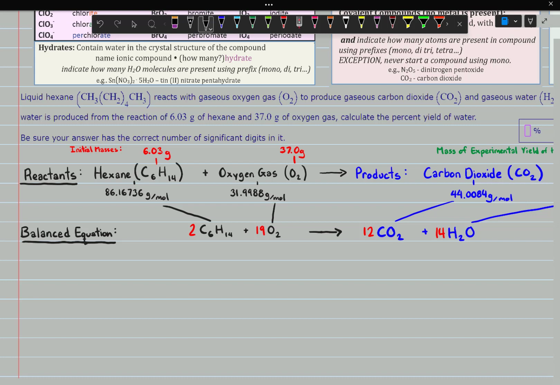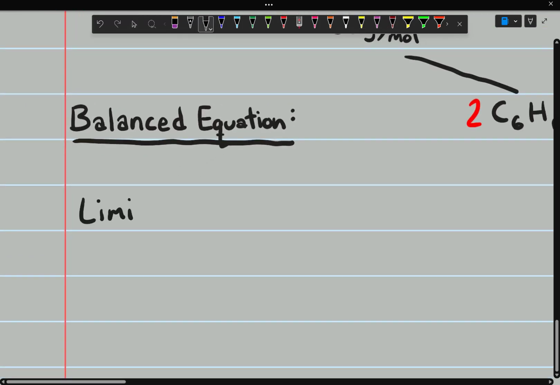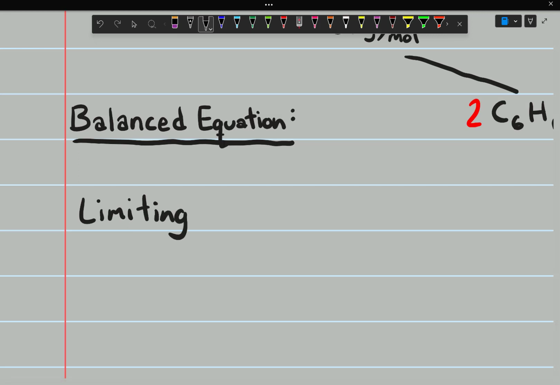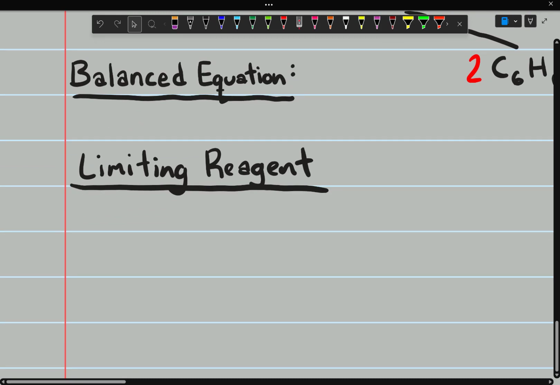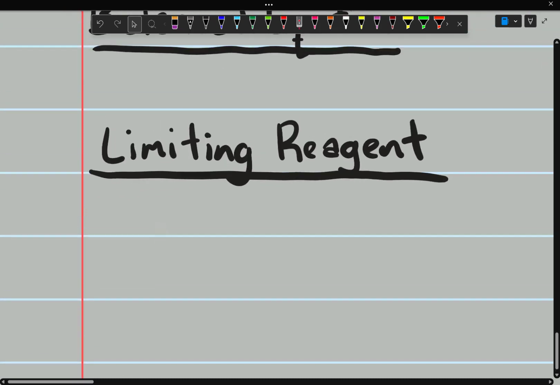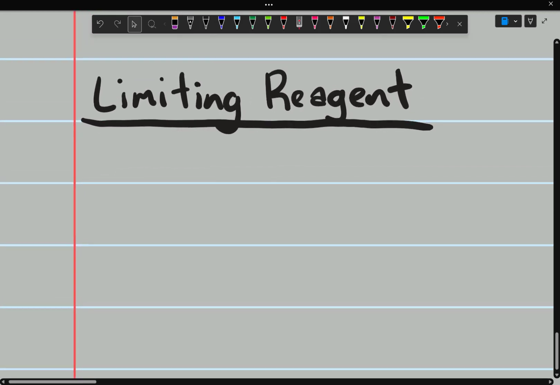As we did in the last problem, the thing we have to find now is the limiting reagent, or limiting reactant, whichever one you prefer. To find this, we need to calculate how many moles of each reactant we started with.